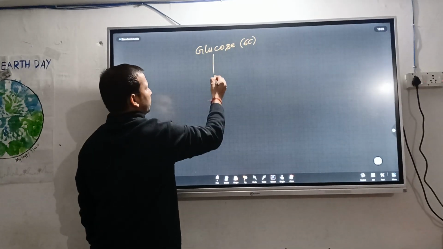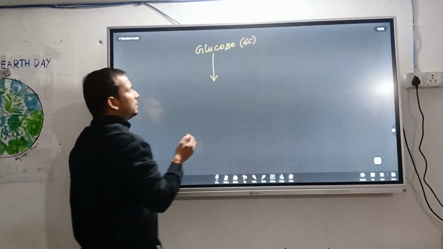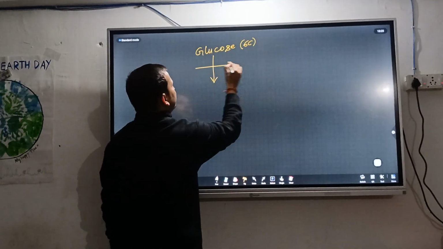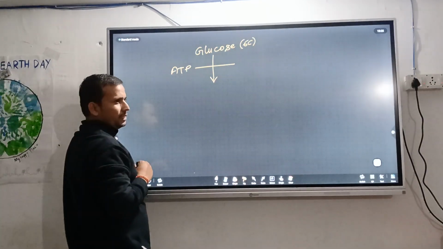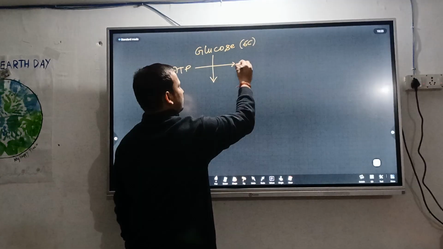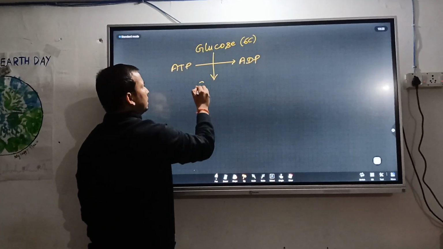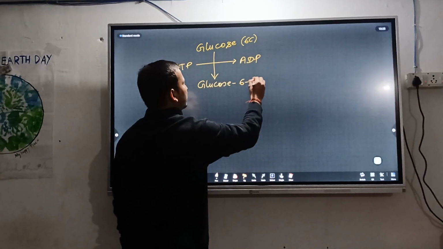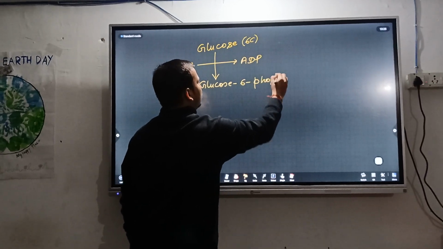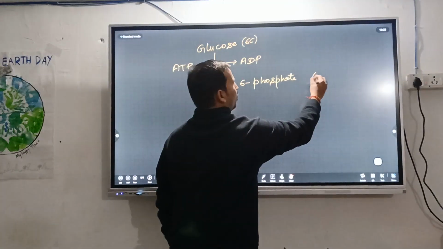The first step is an irreversible process, where 1 ATP is used, and glucose is converted into glucose 6-phosphate. Now this is also 6 carbon.